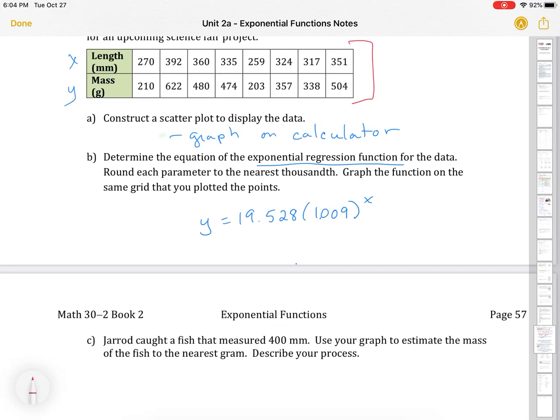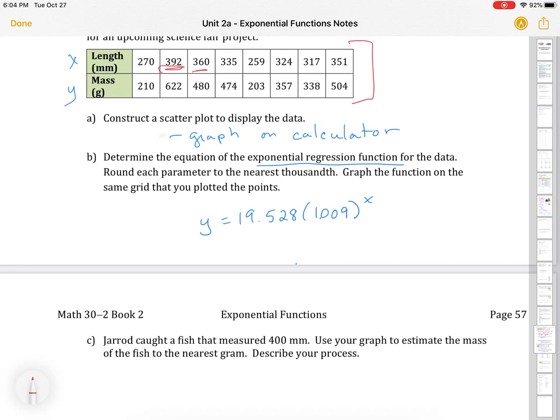So X ranges from 259 all the way up to the biggest one, 392. So I'm going to make X go from 100 to 400, and my Y goes up to 622, so I'm going to go from 0 to 650, and I'm going to graph that.